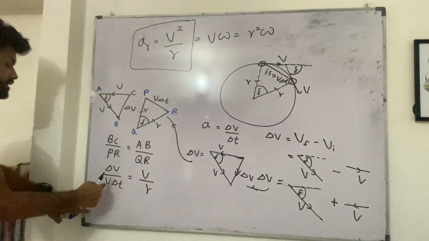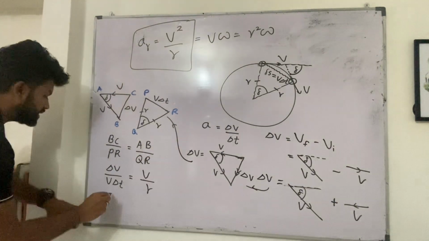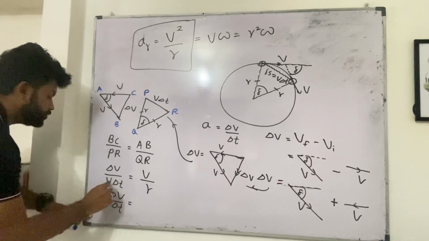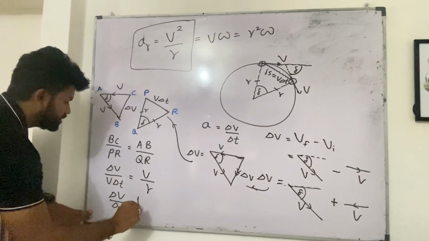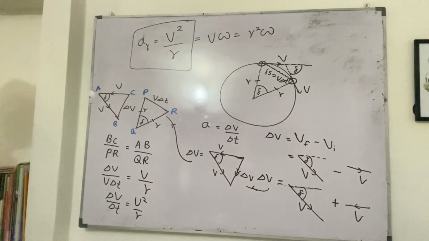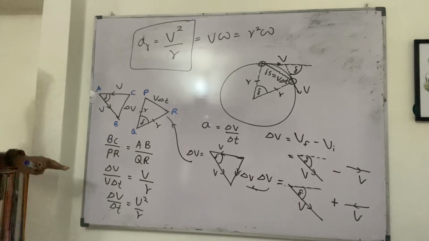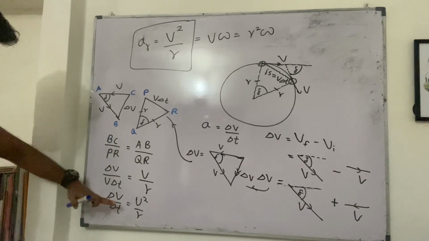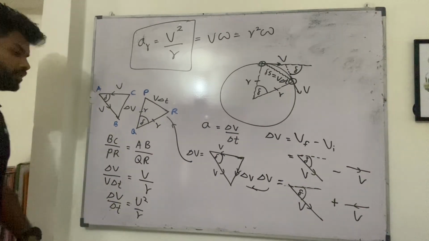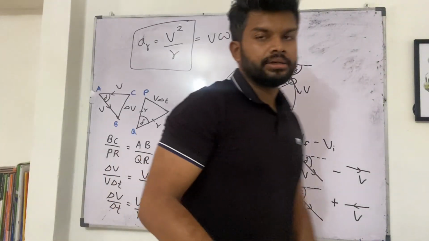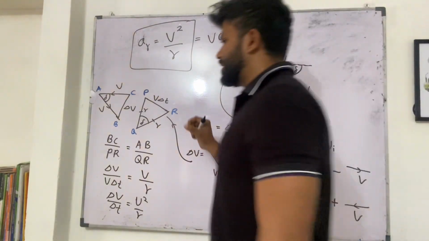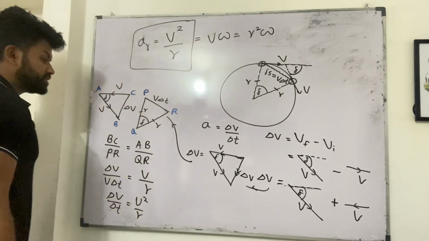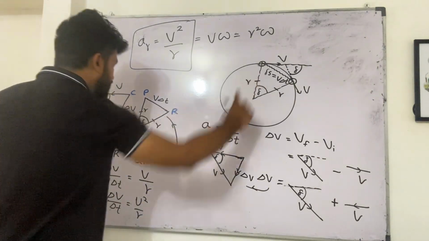Right. Now bring this additional V onto the other side. So delta V over delta t is equal to, when you bring this to the other side, v times v, which is v squared over r. This is what I'm expecting to find actually. What is it? The acceleration, because delta v over delta t indicates the magnitude of the acceleration of the object, which is the centripetal acceleration here.